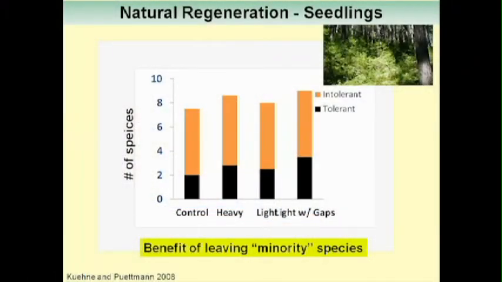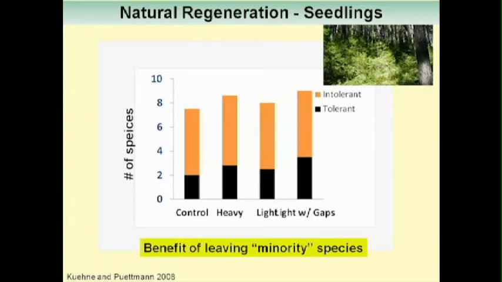If you remember Rob's talk about old growth, he made a big deal about the importance of spatial variability as an old growth characteristic. So we see that in the regeneration patterns. If you look at species diversity of the regeneration, John mentioned before that in the treatments they left the minority species, and I want to highlight that this shows up in the regeneration.